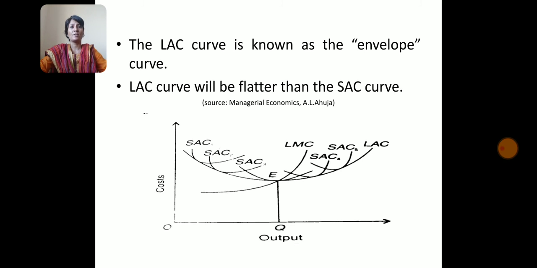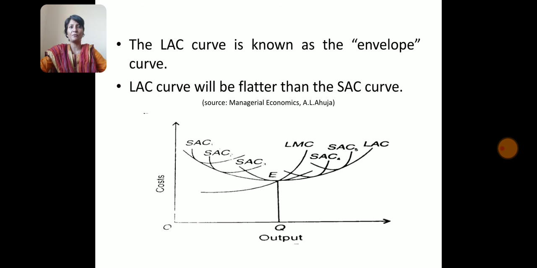Thus, the choice in the long run is to produce at the plant size that can minimize costs. Graphically, this gives us a LAC curve that joins the minimum points of all possible short-run average cost curves as shown in the figure. Thus, the long-run average cost curve is also called an envelope curve or planning curve.